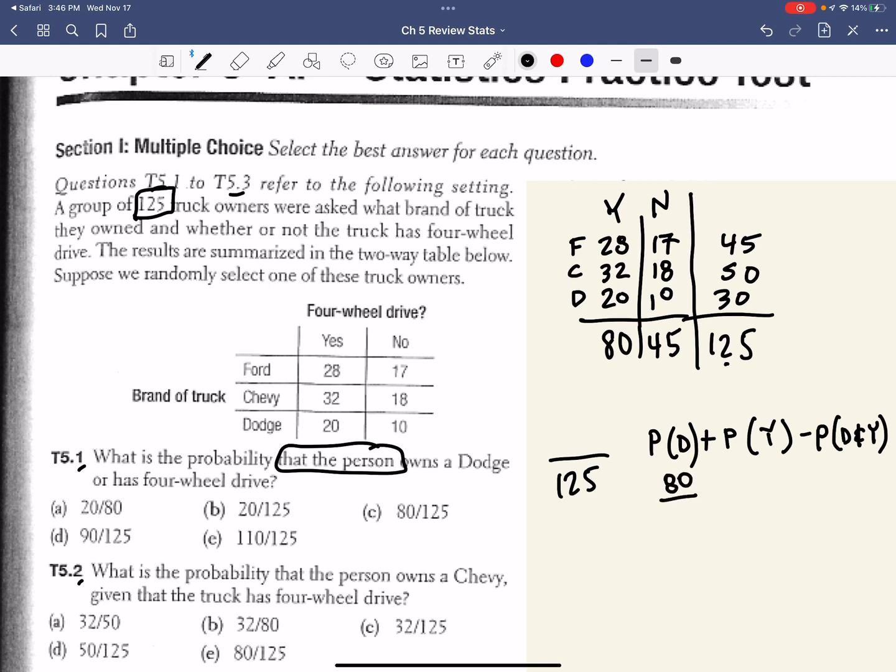So that's 80, Dodge. 30 out of 125 plus 80 out of 125 minus the overlap of both a Dodge and four-wheel drive. So that would be D, 90 out of 125.